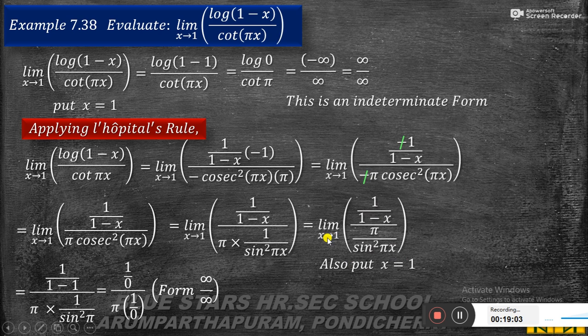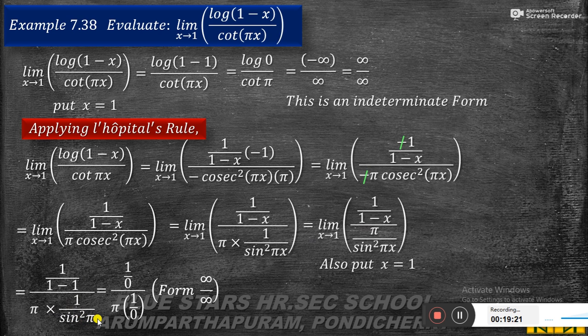Again I substitute, the limit is x tends to 1, so I substitute x equal to 1. The numerator is 1 by 1 minus 1, and the denominator is pi into 1 by sine square pi.